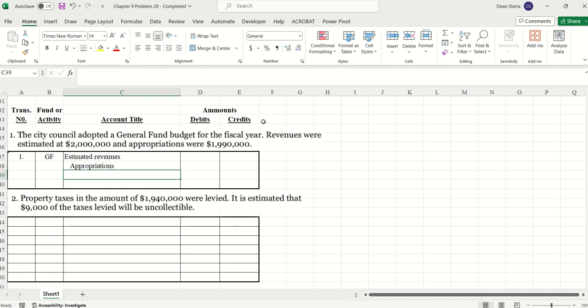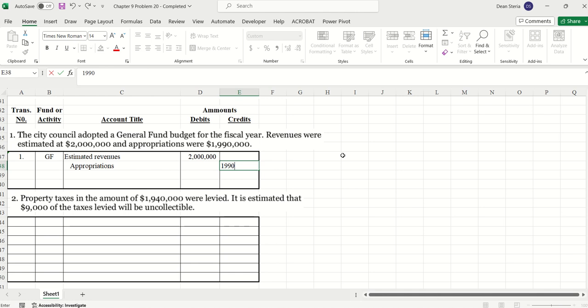Appropriations. So we're estimating revenues of 2 million and we're estimating our appropriations of 1990, and there is a difference of $10,000.